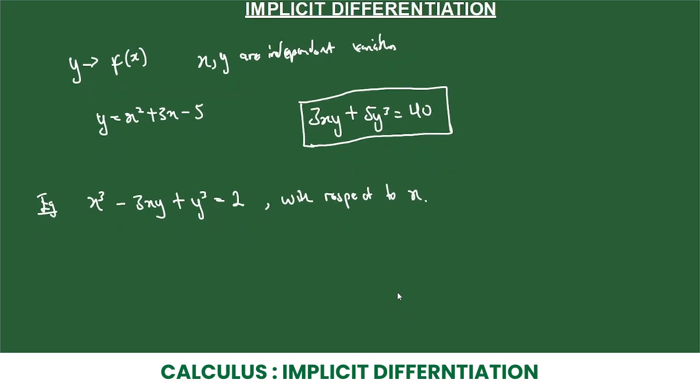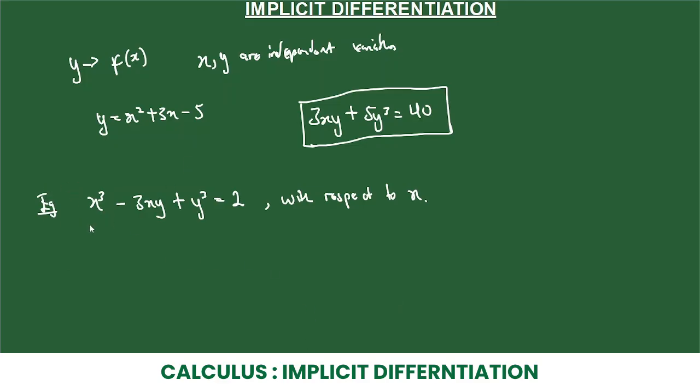The easiest way is, you differentiate each term step by step, but you should take note of the terms where you have both variables present. You have to treat them as separate functions, right? So let's take the first term.